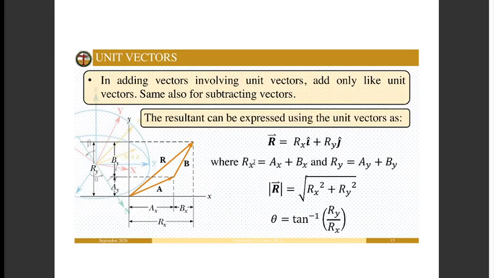Now remember, I add ax plus bx for the x component of r because they have the same unit vector. So you have to take note, you have to add components according to unit vectors. If they have the same unit vectors, then add them. But if they don't, then you cannot add them. So ganun lang yung pag-add ng unit vectors. So same unit vectors, add.